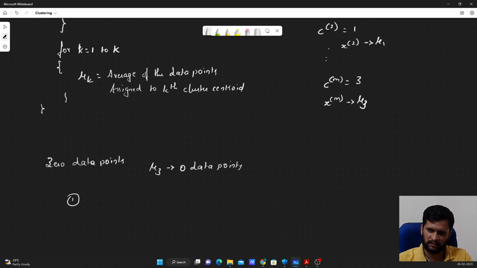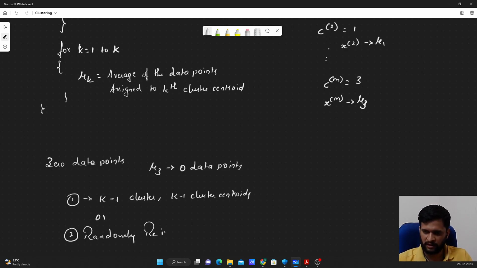The first one is we reduce the number of clusters by 1, that is we go with K minus 1 clusters and K minus 1 cluster centroids. The second way could be to randomly reinitialize the cluster centroids.